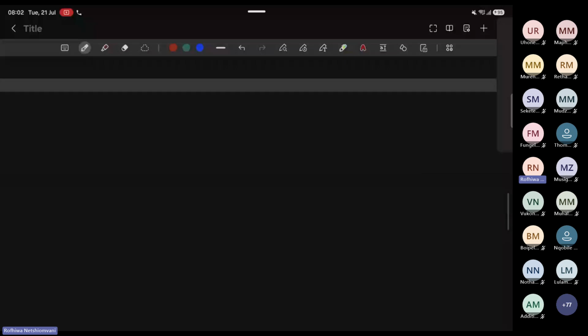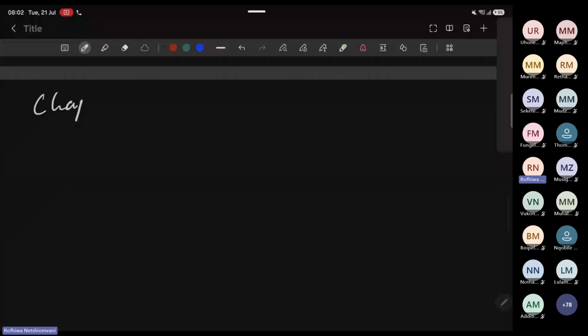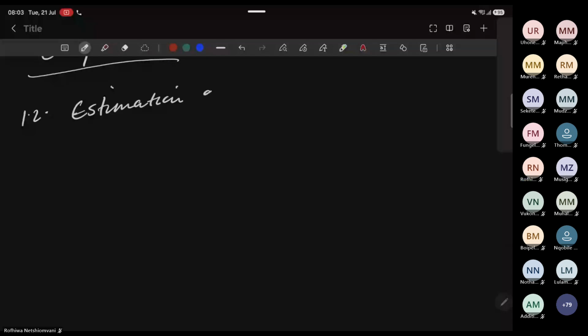For now, then, we can start with our class. So we're in chapter 1. We'll start over from everything from yesterday. So we are starting with chapter 2, estimation of the population mean. But the most important thing will be that sigma is known.